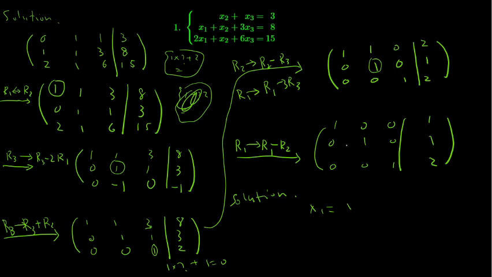The first row determines the equation x1 equals 1. And then the second row gives you the value of x2. x2 equals 1. And then x3 equals 2. That is the solution to the system. Actually, this is the case where the system has a unique solution, one and only one solution.